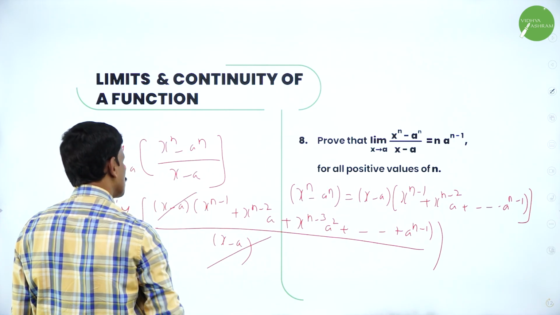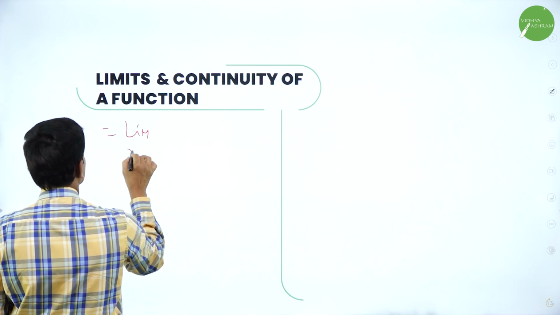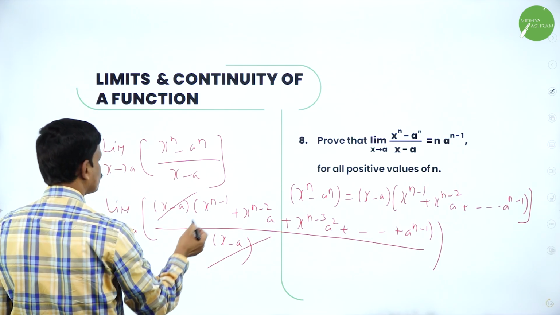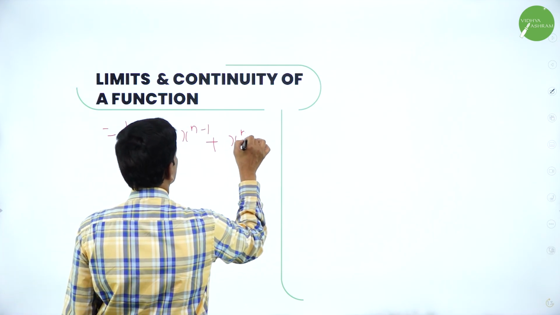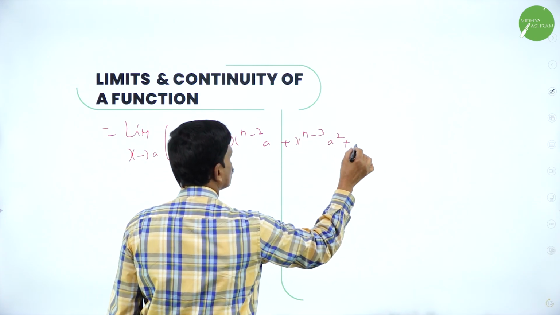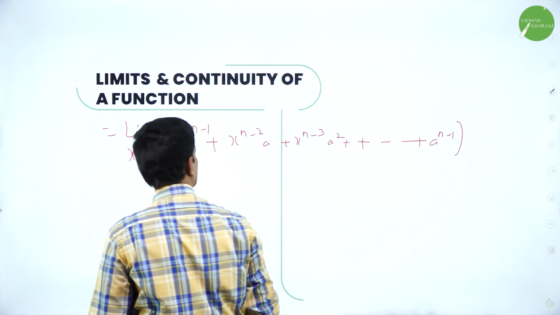So, cancel these terms. So, what is left over is limit x tends to a of x raised to n minus 1 plus x to the power of n minus 2 into a, x to the power of n minus 3 into a square plus etc. a to the power of n minus 1. Now, apply the limit.